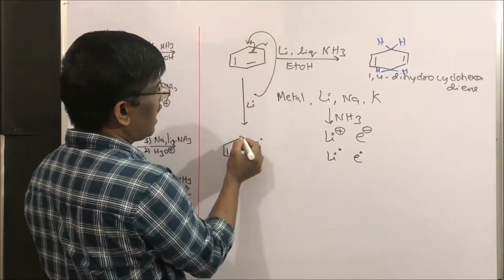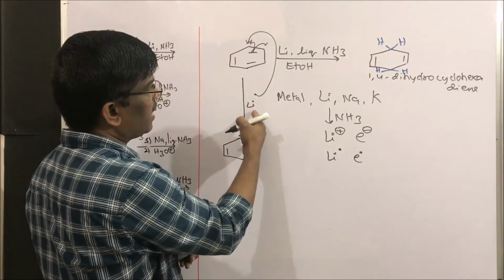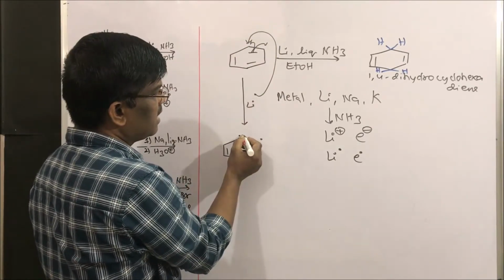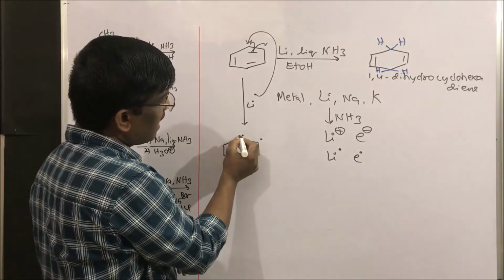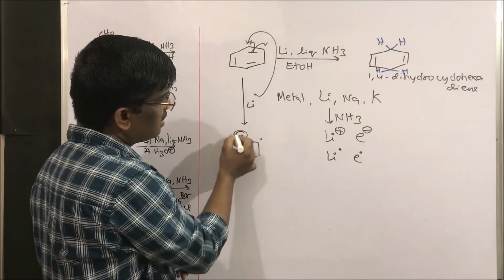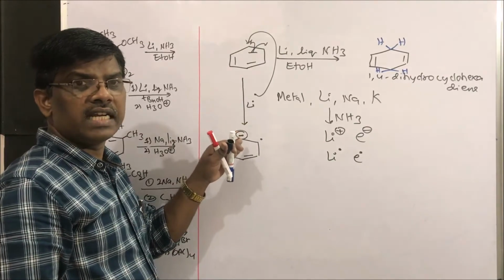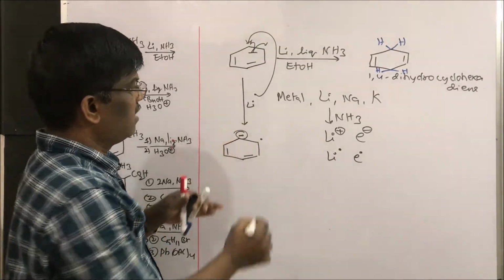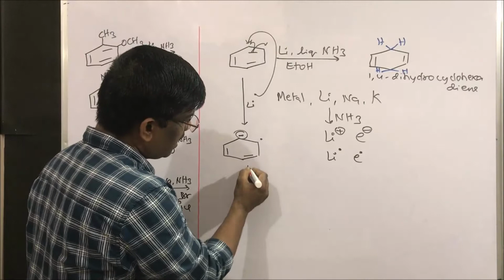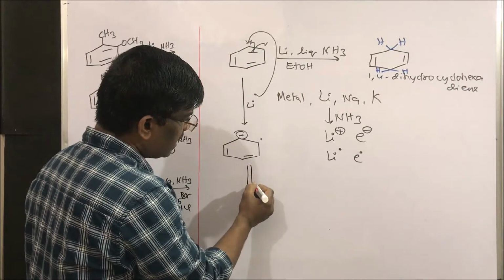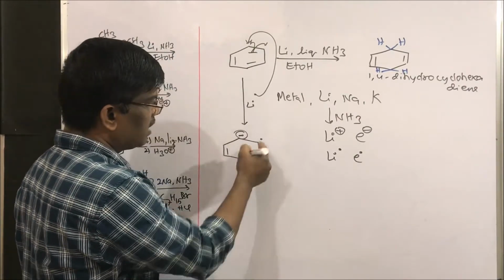Already here one radical is present. Since we are giving this radical, I can write it as a negative charge. Yes, students, two radicals is nothing but a negative charge, so an anion. It can exist in this form.